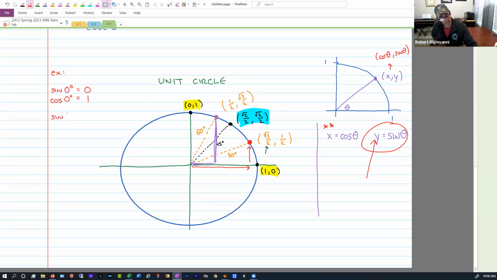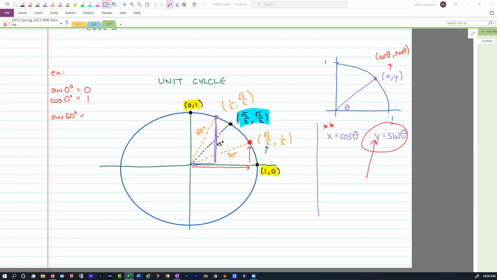How about this one? What is sine of 60 degrees, and I'm asking Jackson. Yes. Okay, what's sine of 60 degrees? So the y would equal 60. I'm kind of still confused on this.